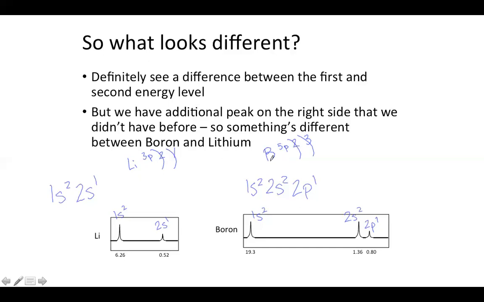So since boron has more protons in its nucleus, a greater nuclear charge than lithium, there's a greater attraction between boron's nucleus and its electrons compared to lithium. So it would require more energy to remove the electrons in the boron atom.